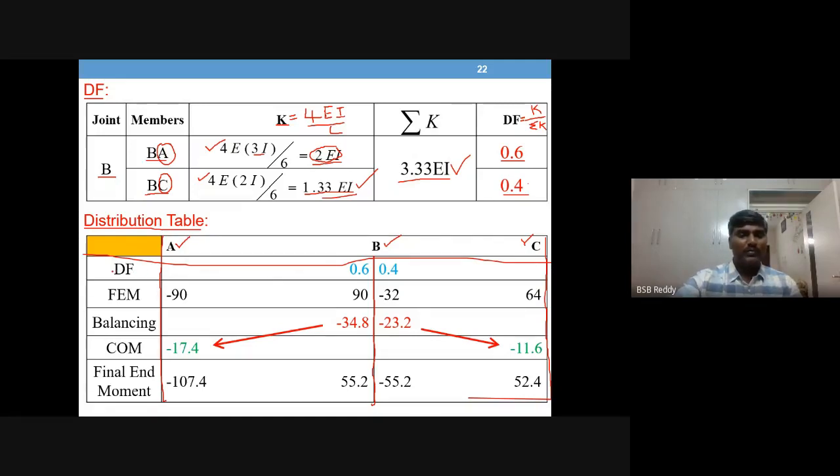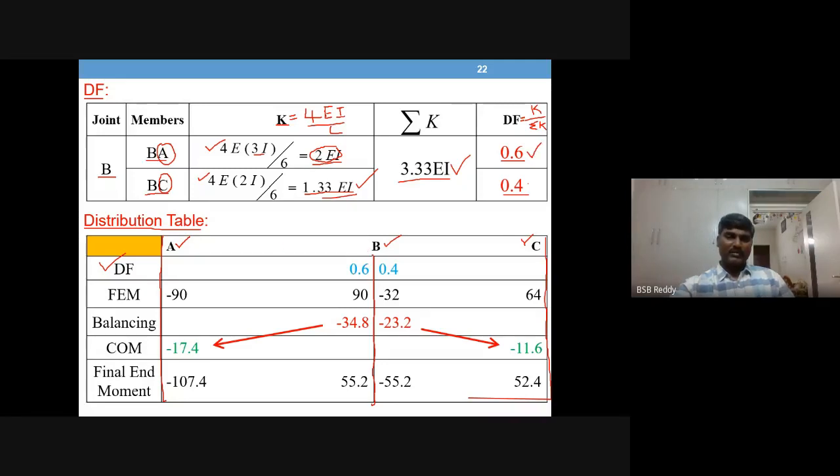Next, the distribution factors you mention first. What are the calculated distribution factors? The distribution factor for BA is 0.6, you write that.